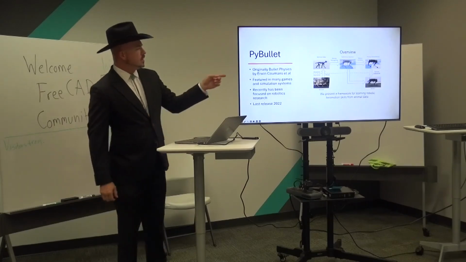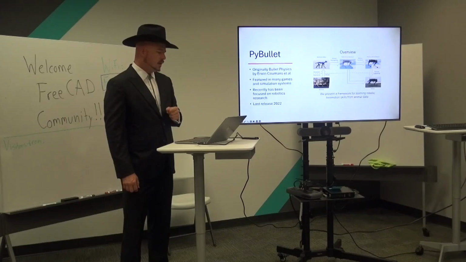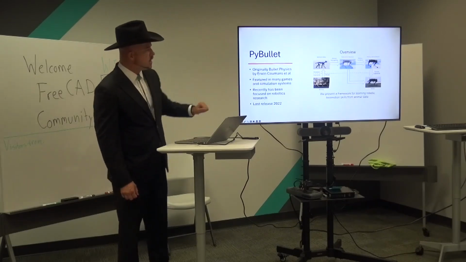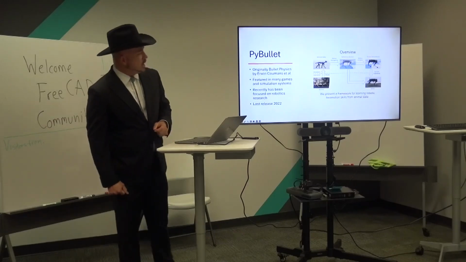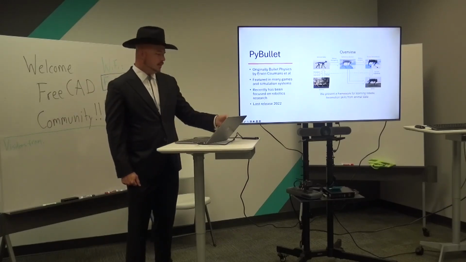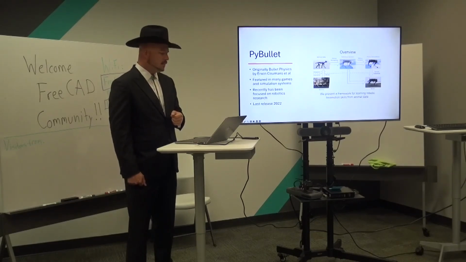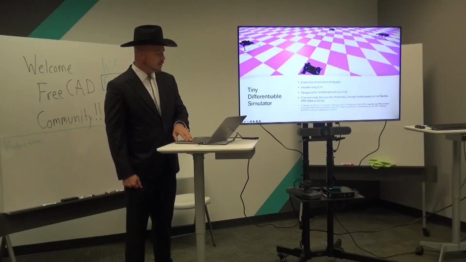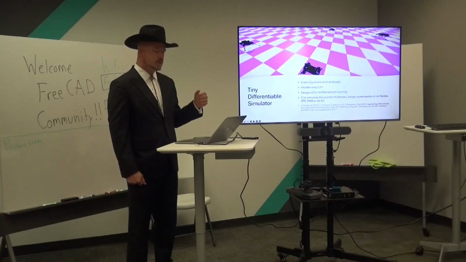PyBullet was originally Bullet Physics by Erwin Coumans, and he's been working more and more in research. And so here's a recent publication that employed the PyBullet system. They used it for robotics training of neural nets. It's been featured in many video games and simulation systems in the past. And the most recent release was in 2022. Since then, Erwin got picked up at Google to work on this Tiny Differentiable Simulator.